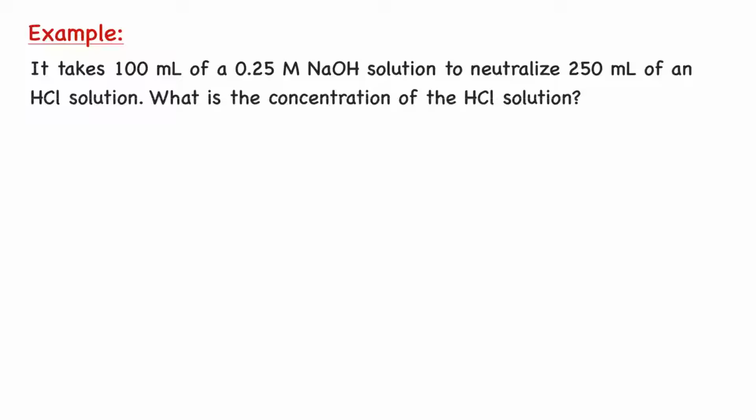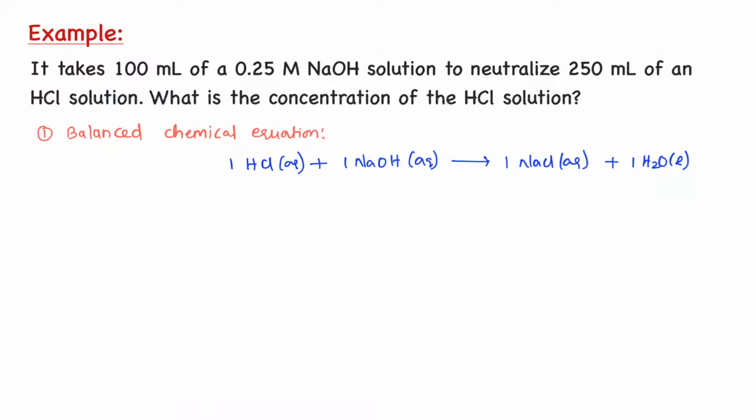It takes 100 ml of 0.25 molar sodium hydroxide solution to neutralize 250 ml of a HCl solution. What is the concentration of hydrochloric acid solution? The first thing we do to solve any stoichiometric problem is to write a balanced stoichiometric equation. 1 mole of hydrochloric acid reacts with 1 mole of sodium hydroxide to form 1 mole of sodium chloride and 1 mole of water.